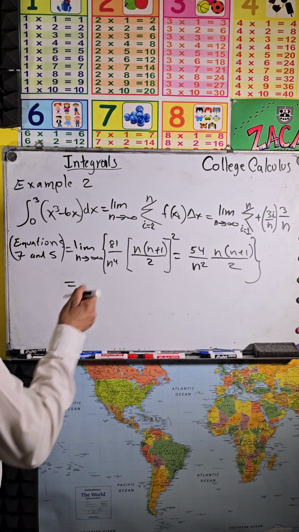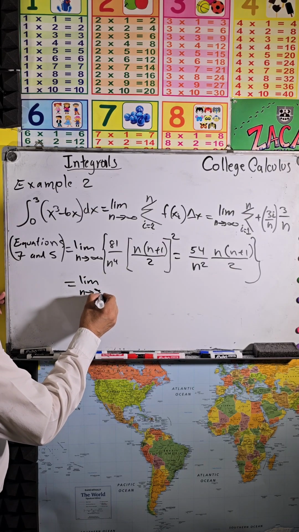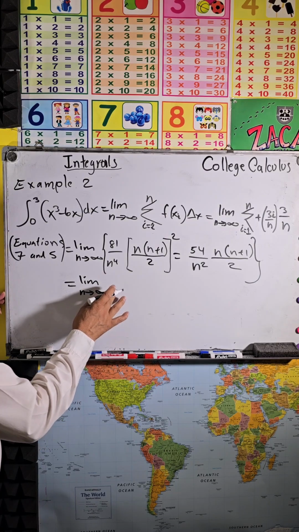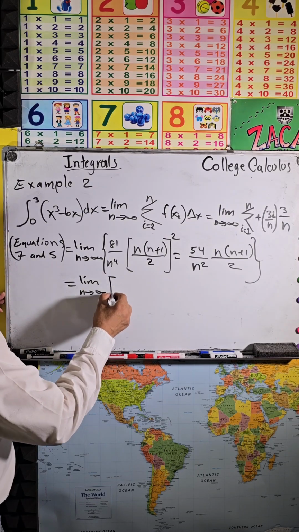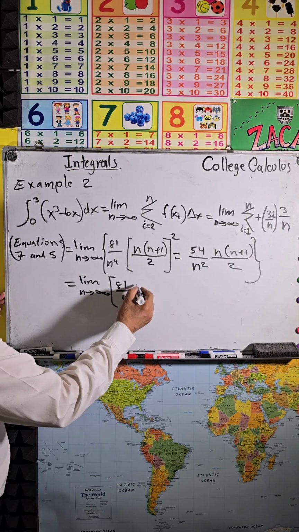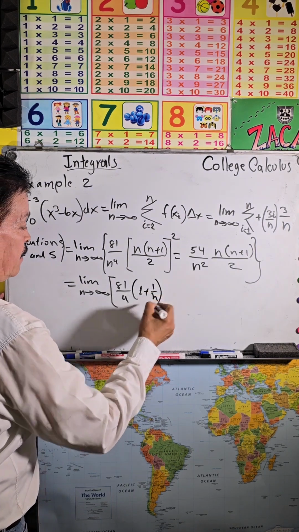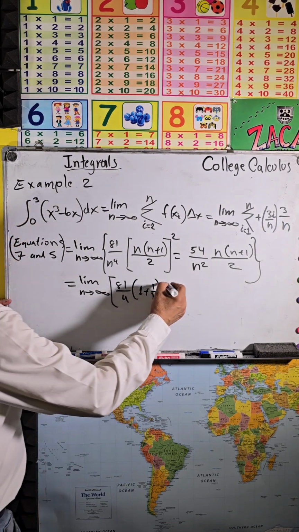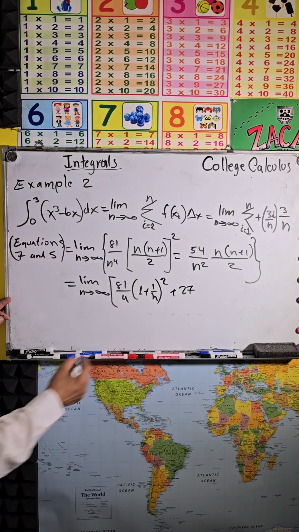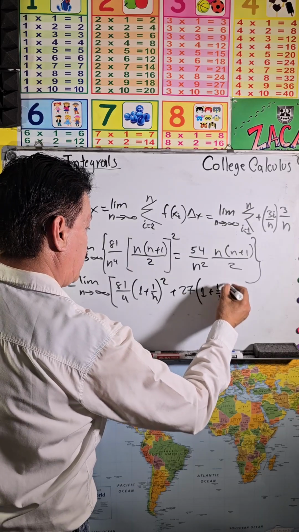Then we will have limit as n approaches infinity. Here we have to write, open here, 81 divided by 4 times 1 plus 1 divided by n, close to the second power, minus 27 times 1 plus 1 divided by n.